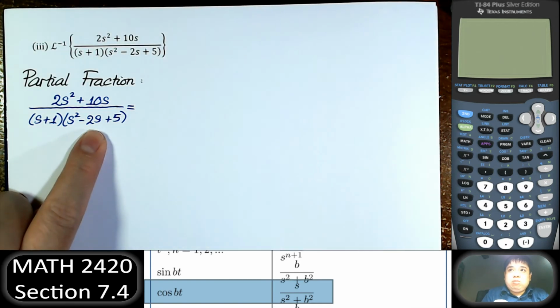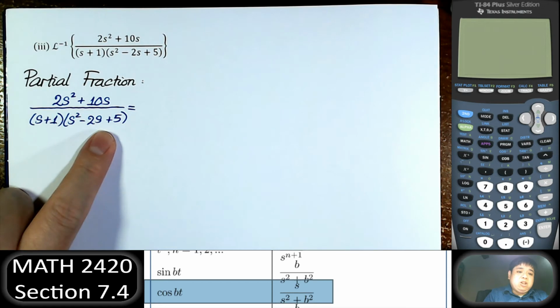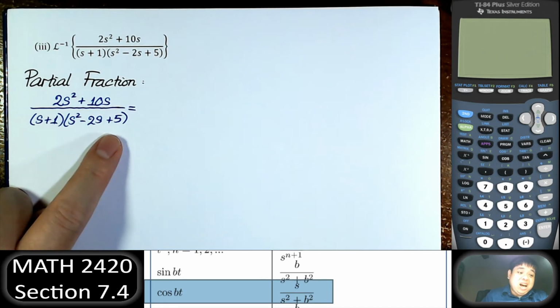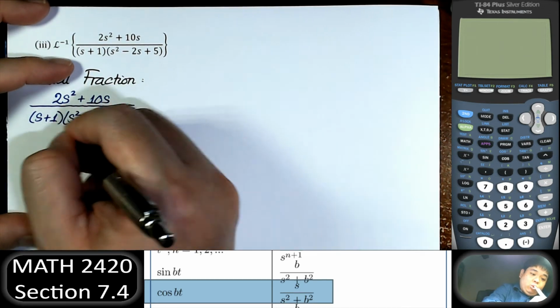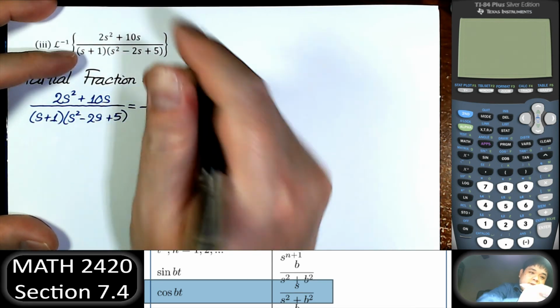S squared minus 2s plus 5 cannot be factored anymore. I think we did that earlier. So if it is reduced, then we just leave that alone. We will not do any further factoring.